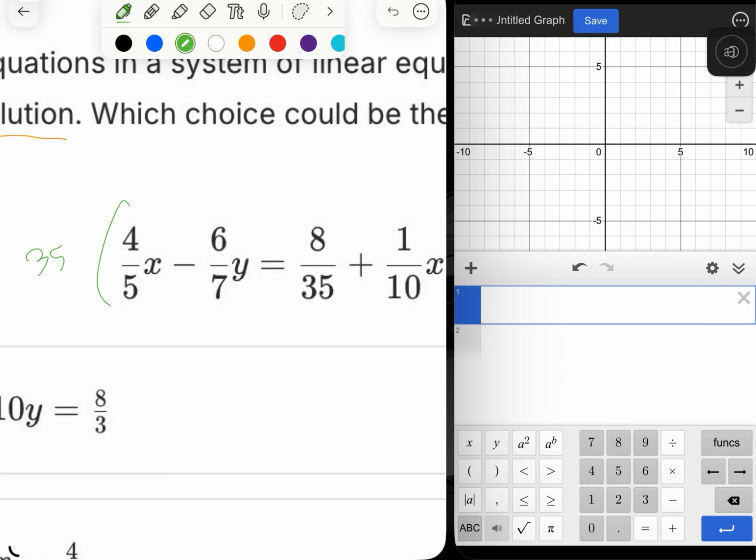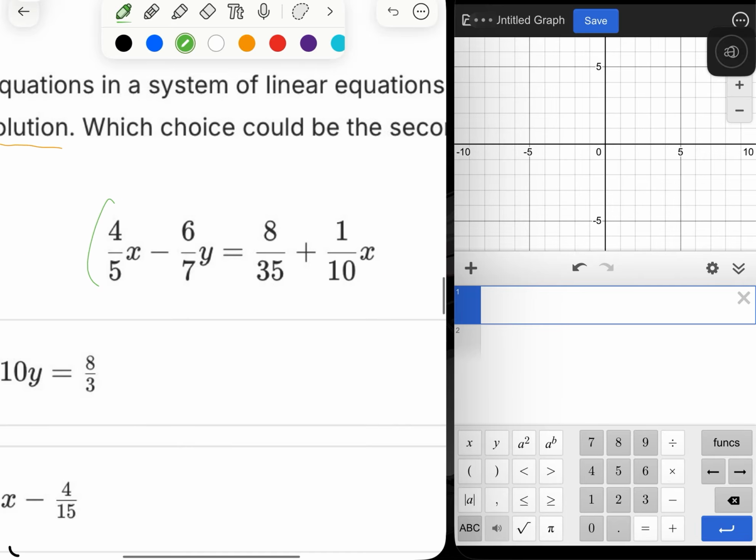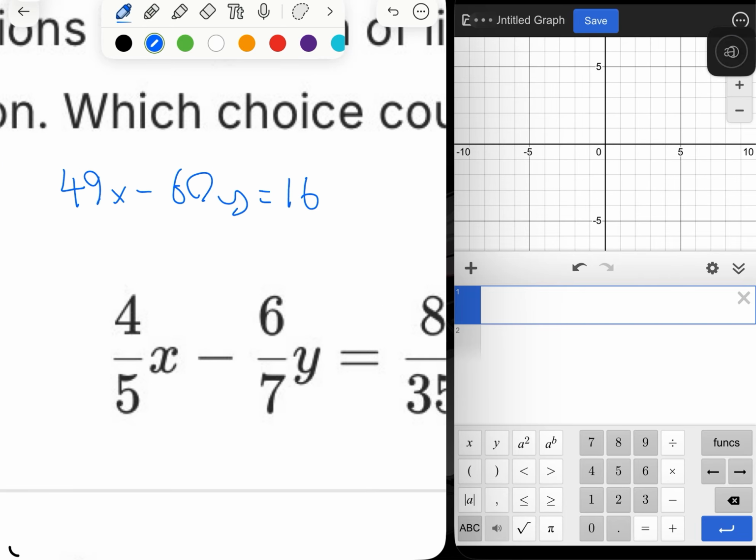Once you do that, because I don't want to waste any of your time, you actually get this. If you simplify everything and put the x and y's in one side, you get this equation. So this becomes 49x minus 60y equals 16.